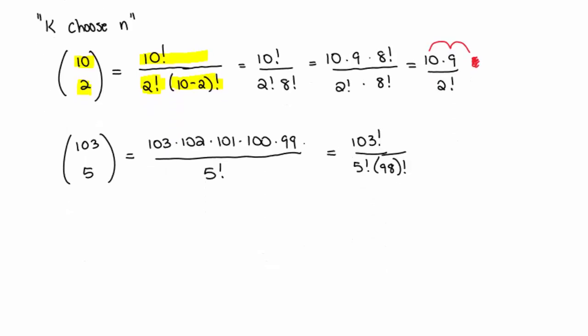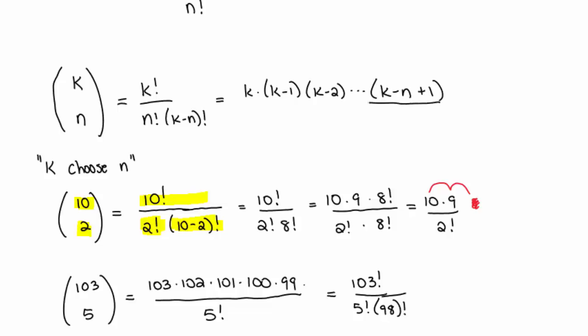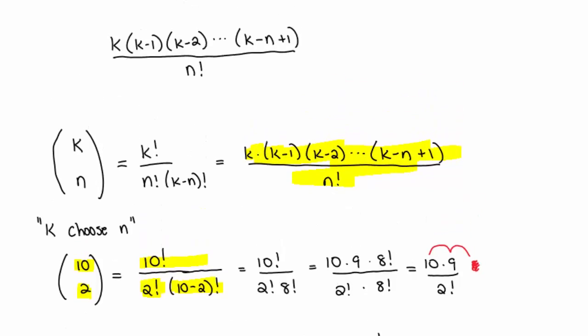And in general, if you start at k and you choose n, you can reduce that down to either k factorial over n factorial times k minus n factorial, or to k times k minus 1 times k minus 2, all the way down the line until you almost get to k minus n, but you add back 1. And that's all over n factorial. And if you look at that expression, we have already seen it.